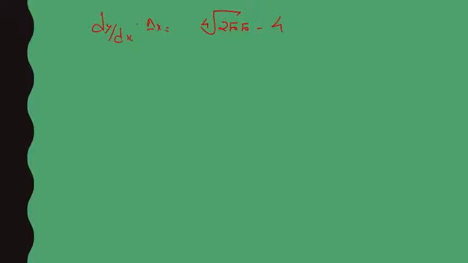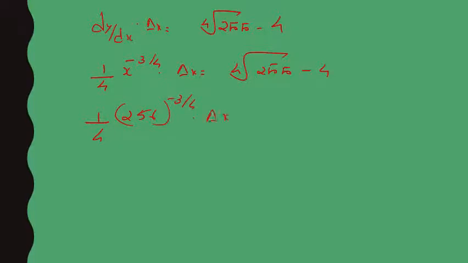What is dy by dx? 1 by 4 into x raised to minus 3 by 4 into delta x is equal to fourth root of 255 minus 4. 1 by 4 into 256 raised to minus 3 by 4 into delta x. What is delta x? Delta x is minus 1, is equal to fourth root of 255 minus 4.